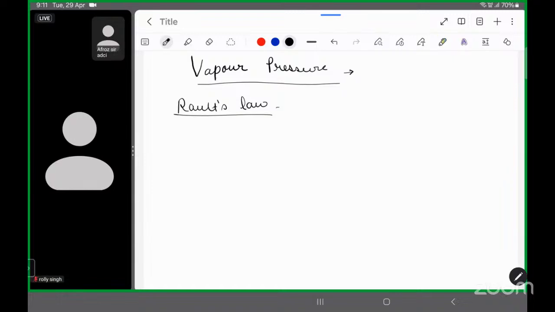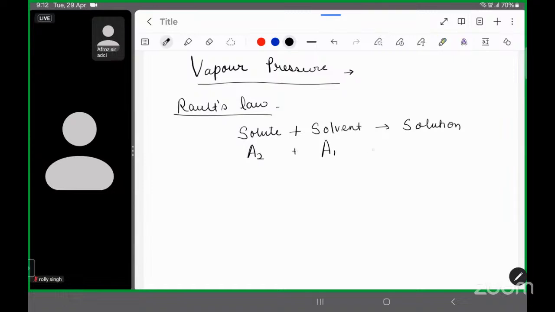See, we have seen yesterday that when we make a solution of solute plus solvent, we consider solute as A2, solvent as A1.